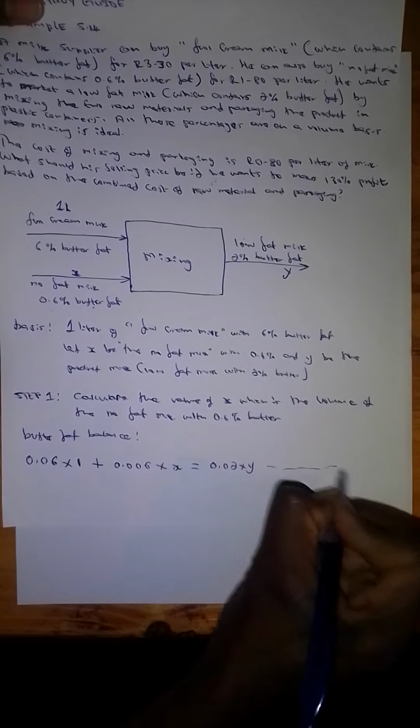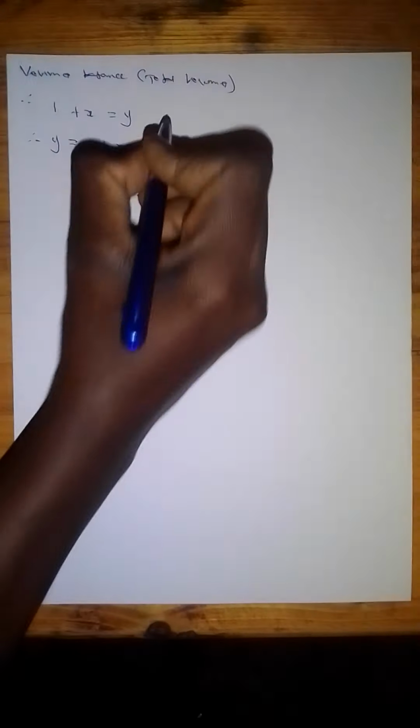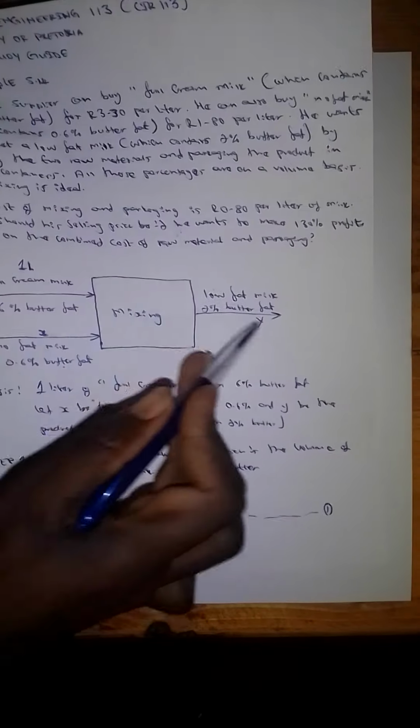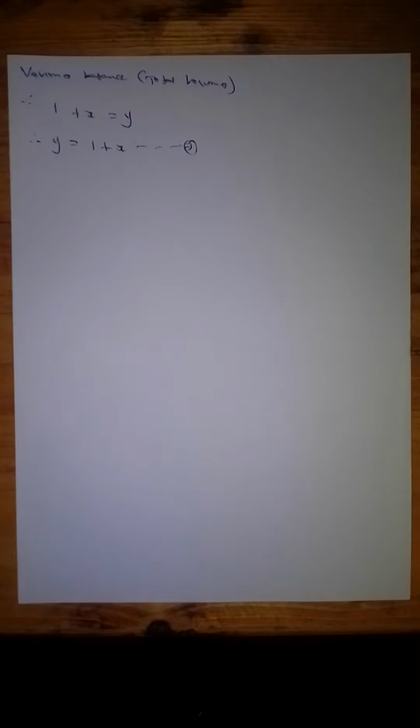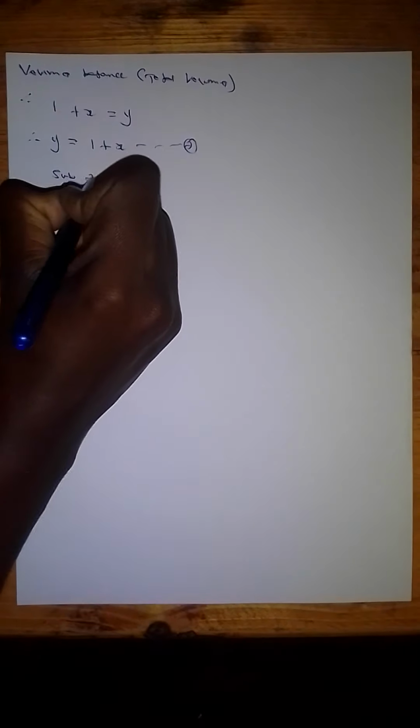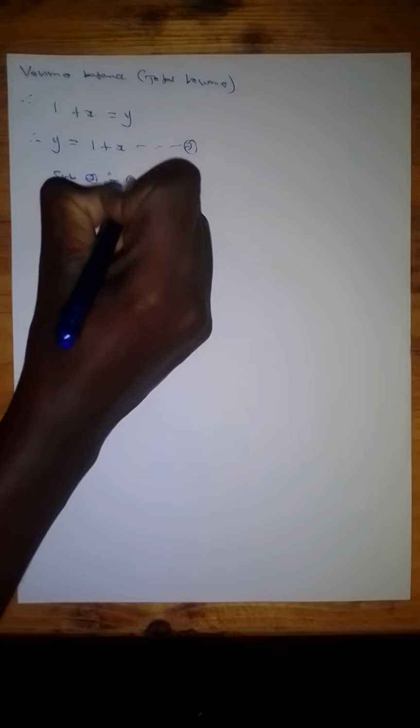Let me just name this as 1 and this as 2. We are trying to figure out the values of both x and y. So we can simply substitute 2 in 1.